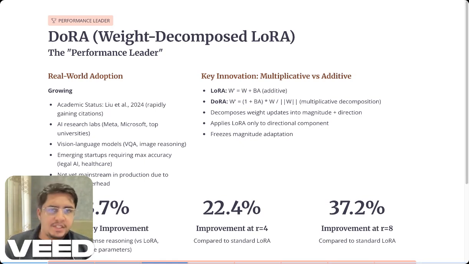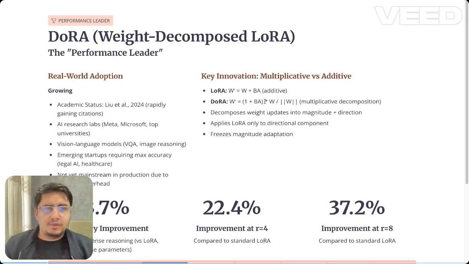The efficiency that DoRA shows is primarily attributed to the fact that it uses multiplicative decomposition instead of additive decomposition. LoRA usually updates the weights by taking the original weight and adding the product of the adapters, whereas DoRA uses multiplicative decomposition, as you can see here.